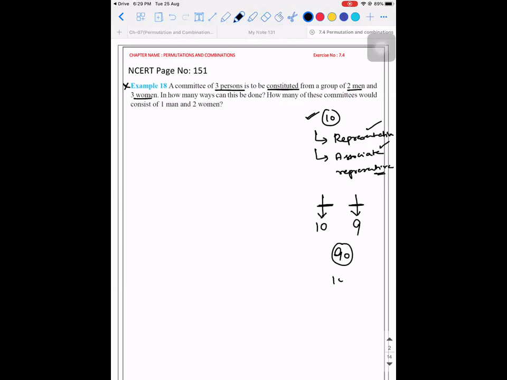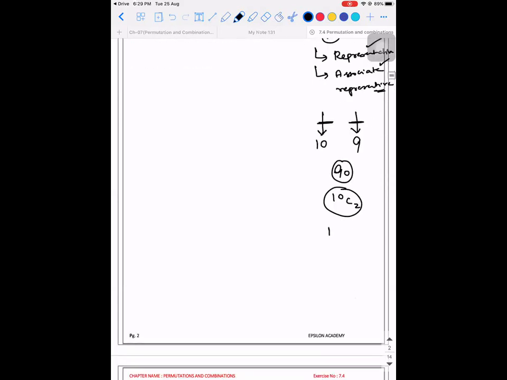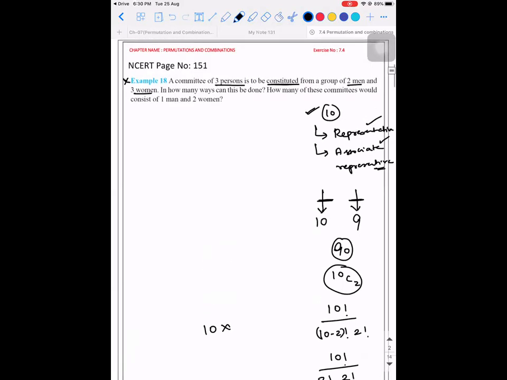If you want, you can check what is 10C2. 10C2 is 10 factorial by (10 minus 2) factorial into 2 factorial. Accepted? Yes sir. So 10 factorial divided by 8 factorial into 2 factorial. That should be 45, sir. It should be 45. Wait.